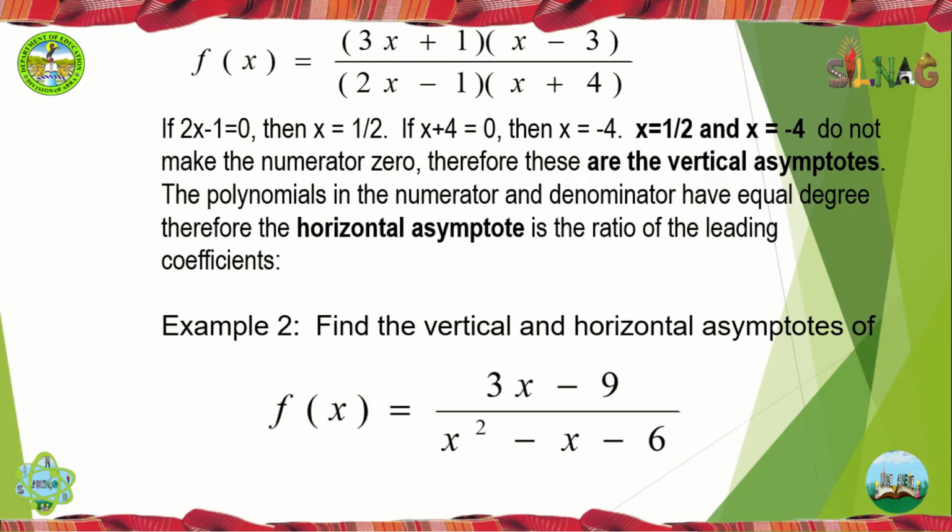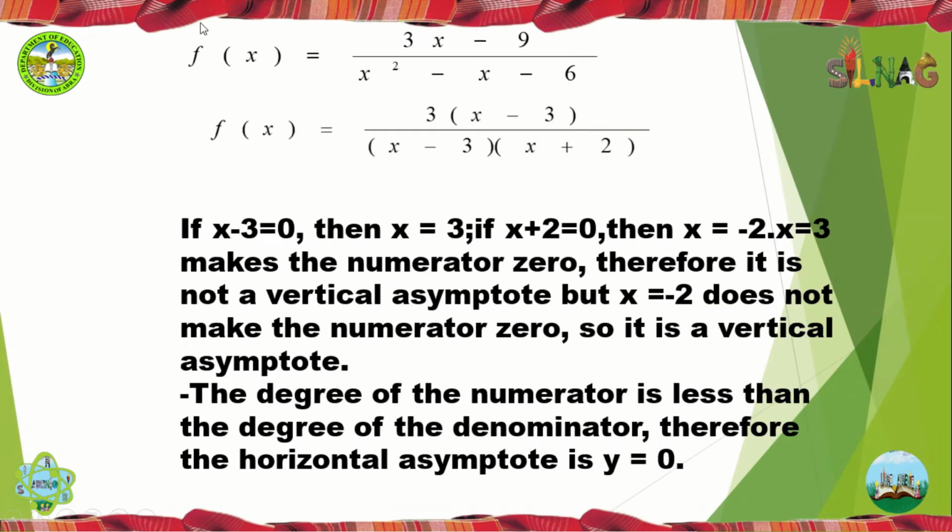Then we have example 2. Find the vertical and horizontal asymptotes of f of x is equal to 3x minus 9 over x squared minus x minus 6. So we have the given.